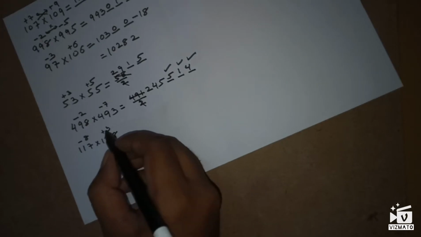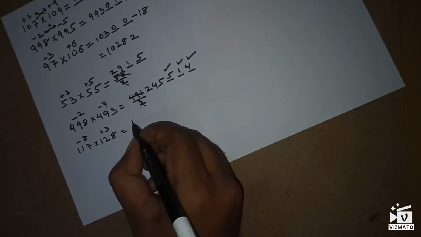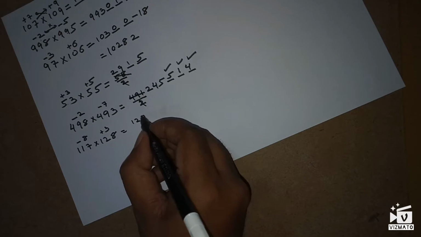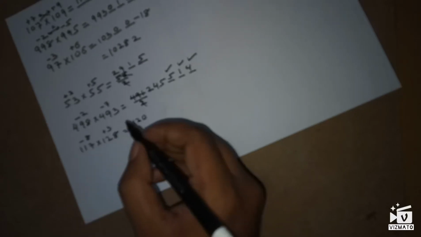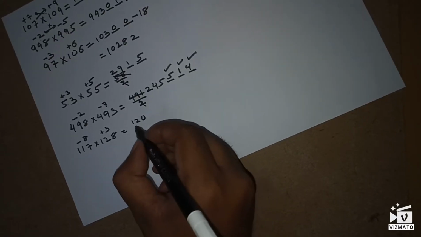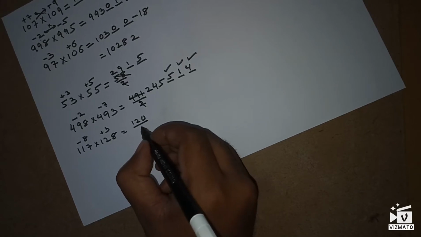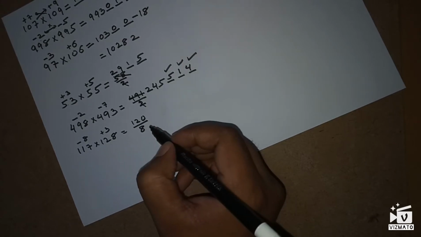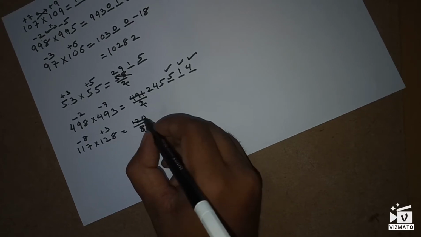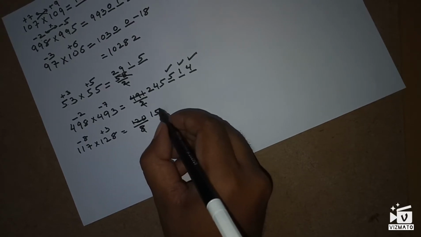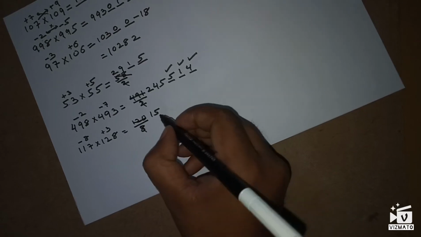Then 117 plus 3, that is 120. 125 into 8 is equal to 1000. So to convert this into 1000 base, we divide this by 8.